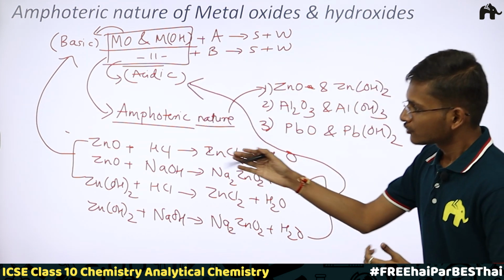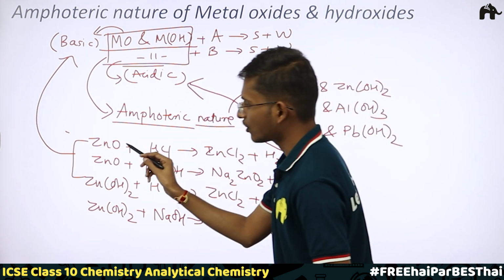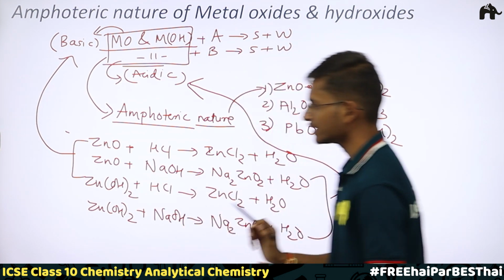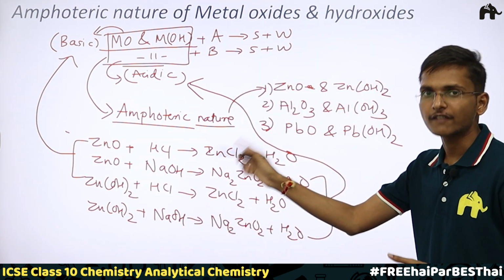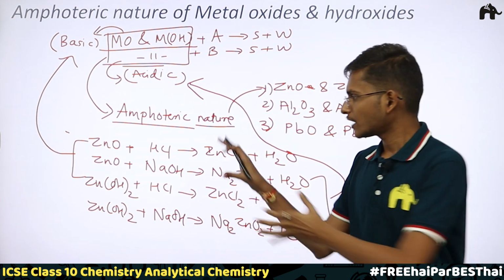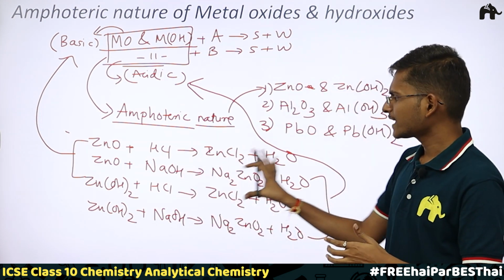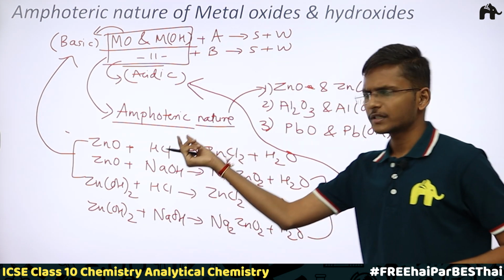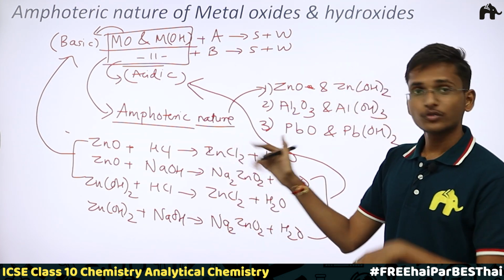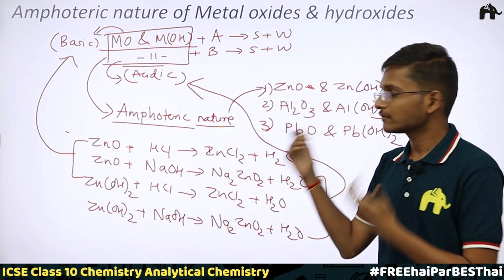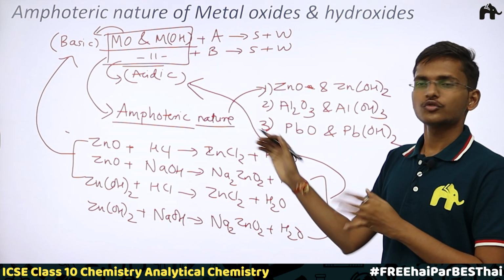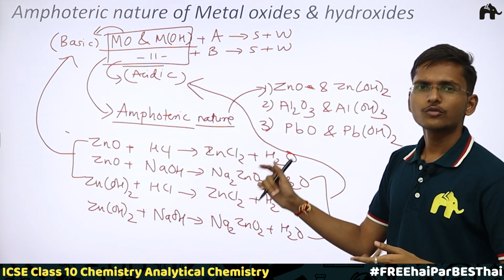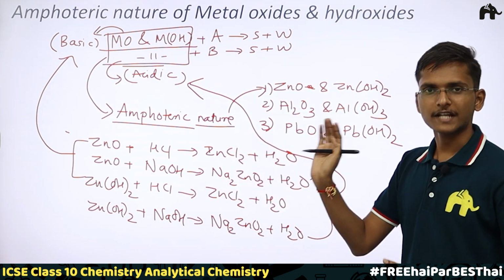That's why we call these zinc oxides and zinc hydroxides amphoteric in nature. Now, I have just written down the reactions of the particular metal oxides, so you can try balancing them on your own. We have balanced a lot of reactions, so you can try on your own to balance these. These are very simple reactions.